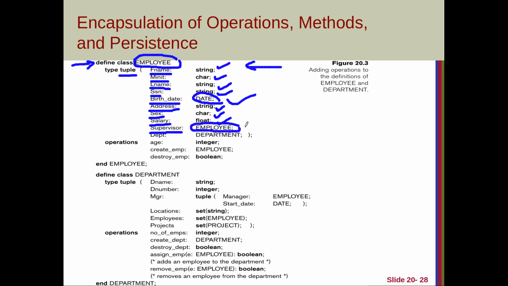A supervisor will have all the properties of an employee, so it follows the structure of the same class. Then we have a department attribute which follows another class, called department. Finally we put a bracket and a semicolon that defines this type, which is called tuple.